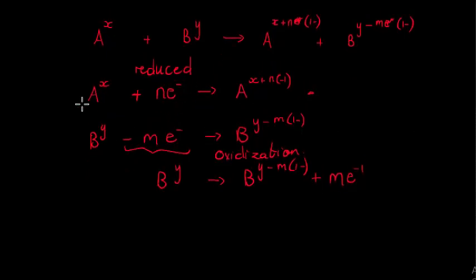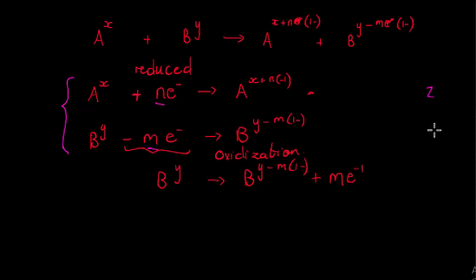Before I go on, if we have these two formats here, notice that N and M, if they are the same, then there is no need to balance this equation. It would already be balanced. But if N and M are not the same, I would go through a process of trying to make them the same.